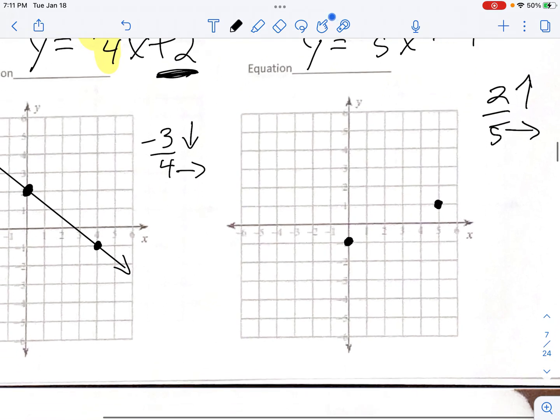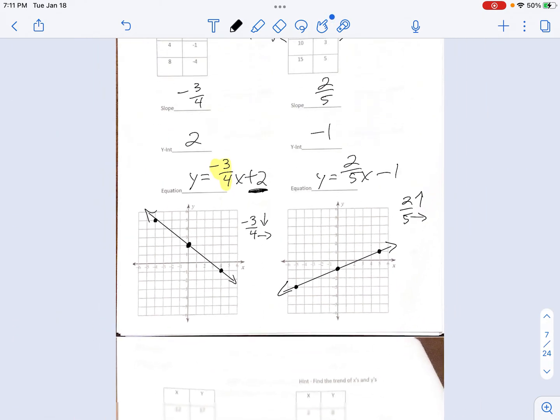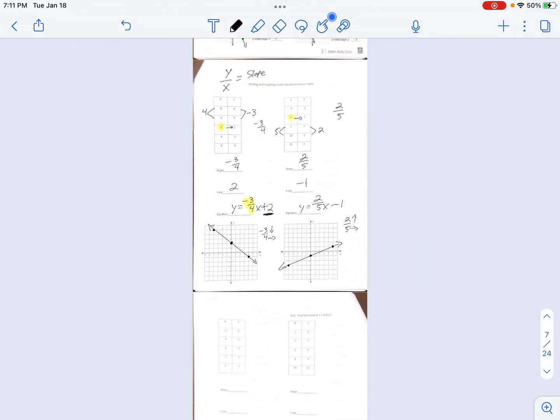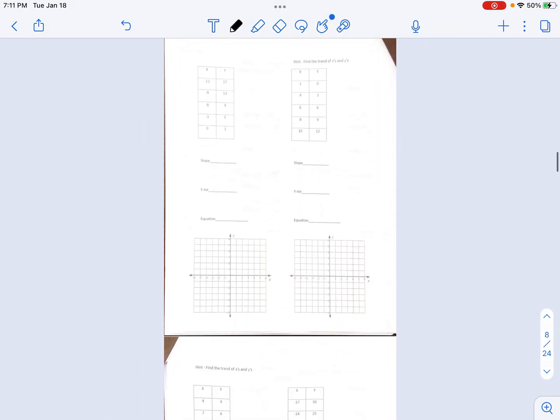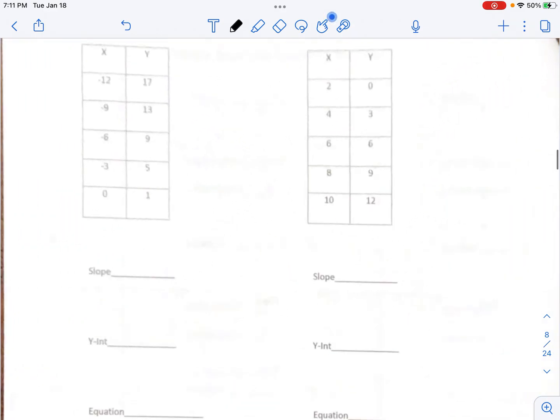Go back to the y-intercept and go down 2 and left 5, which would be right there. And then draw your line. All I require is 3 dots. This is writing an equation from a table. All right, flip the page.